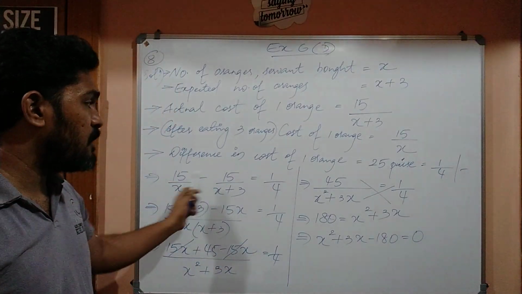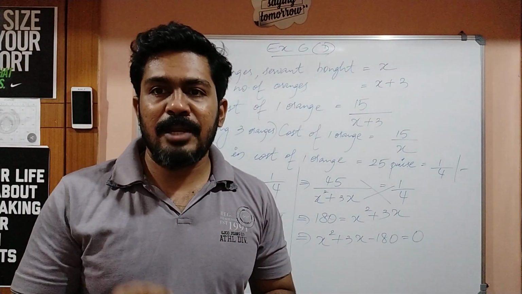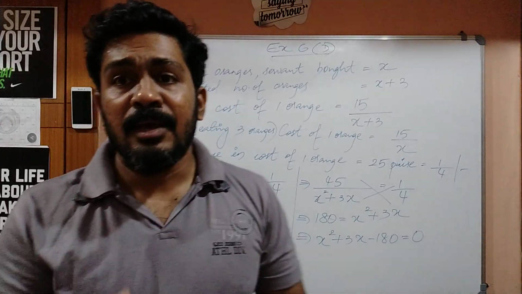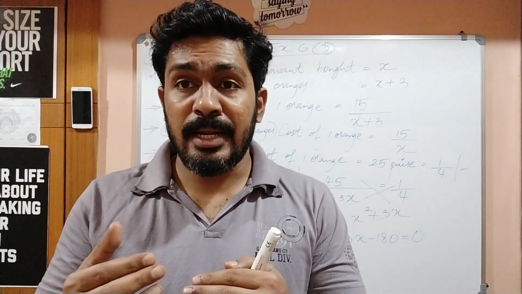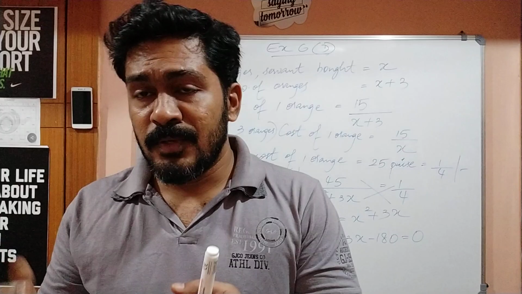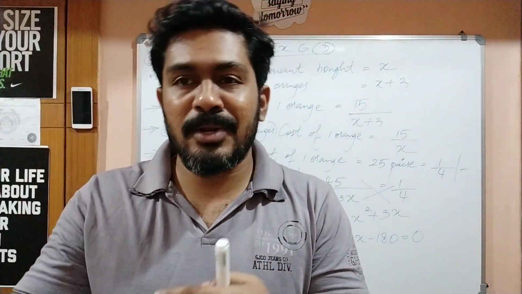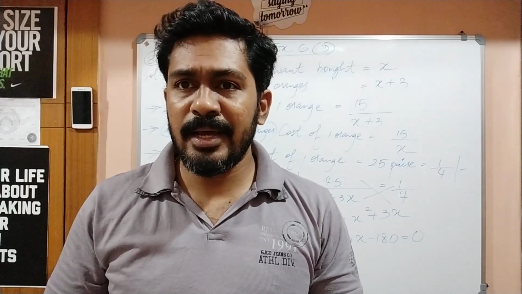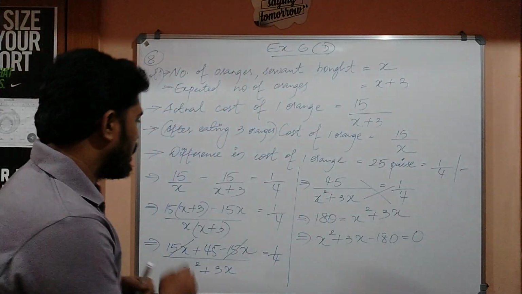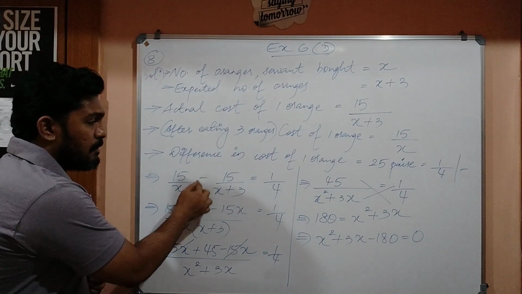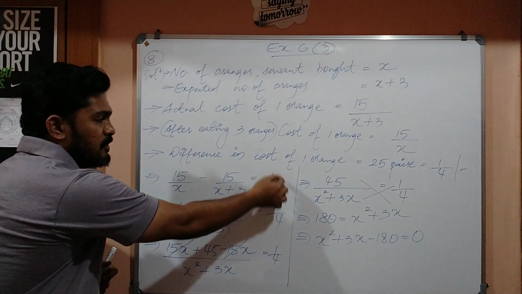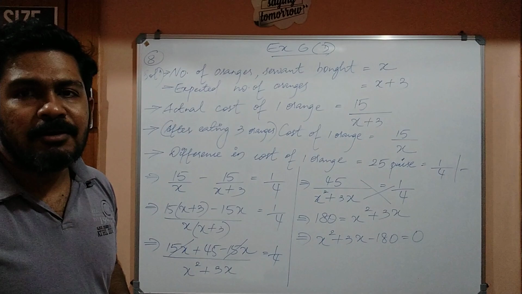So the difference between these two is equal to how much? 25 paise, because definitely when the owner is not getting the actual number of oranges, it indirectly tells you that he is spending more money on the oranges. Correct? So that is the reason I have written 15 upon X minus 15 upon X plus 3, which is equal to 1 by 4.